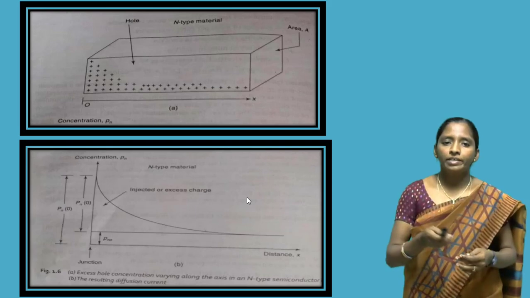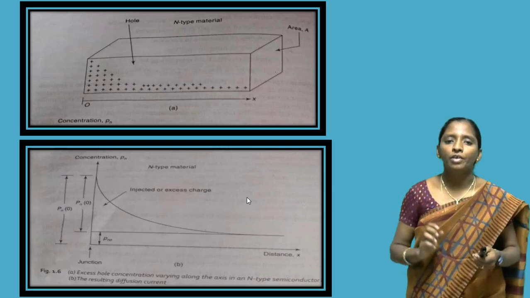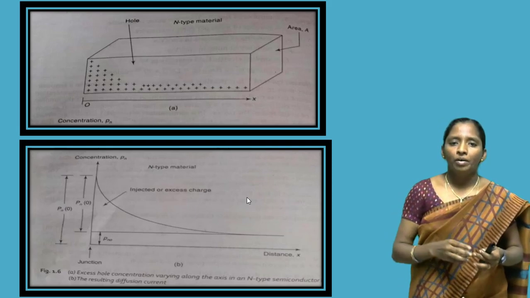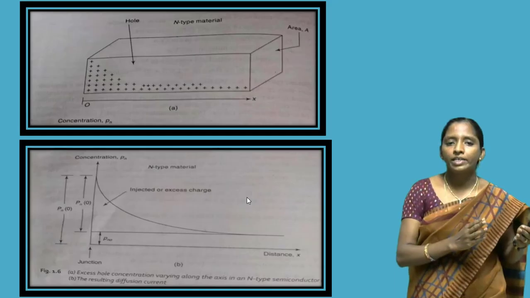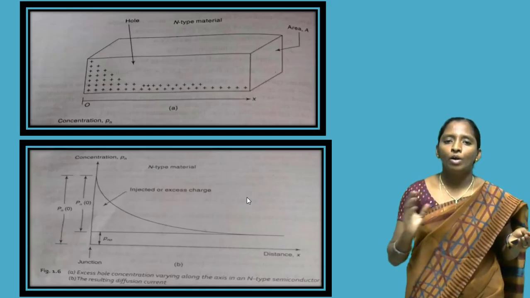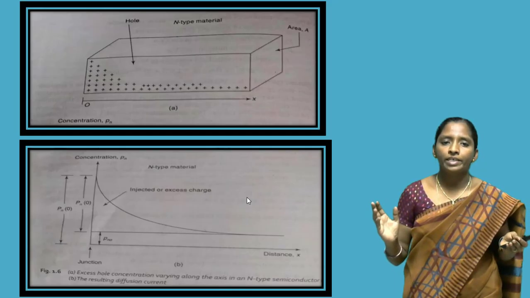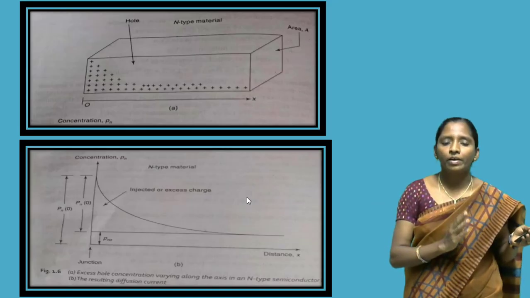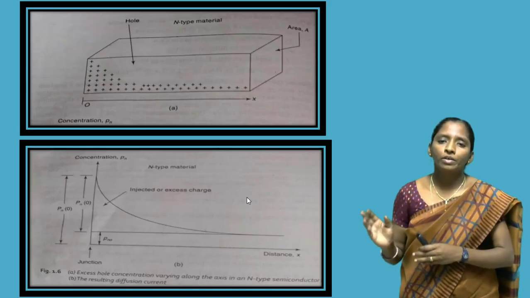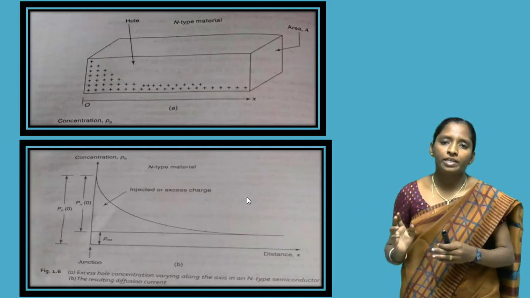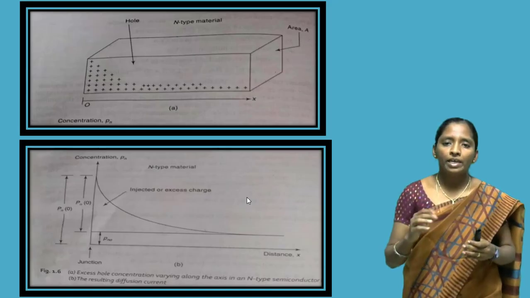This is another diagram for the diffusion current. Here this is for the n-type material. Here the electrons have higher concentration at the left side and lower concentration at the right side. These electrons in the higher concentration move towards the lower concentration in the given area.